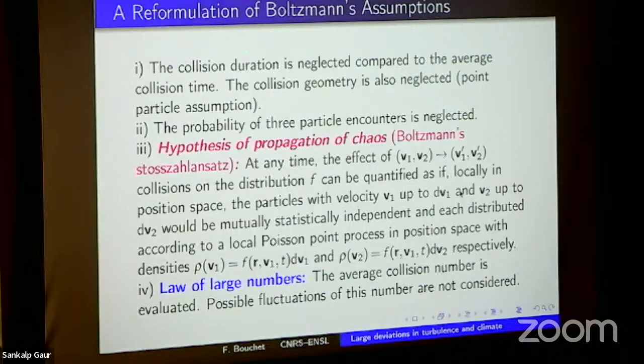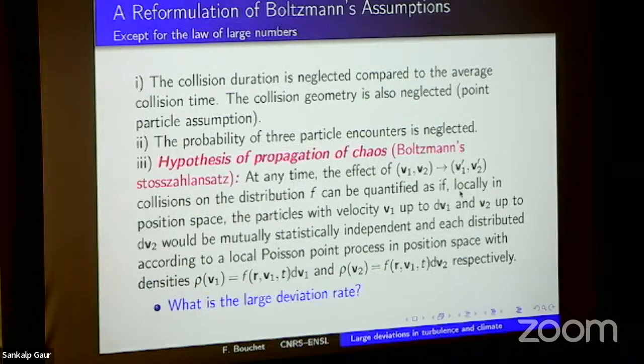The particles will collide as if they are statistically independent, but I don't compute just the average effect of the collision. I will compute all the possible collision numbers and all their probabilities, right? So I forget about the last hypothesis, and I will ask what are the probabilities for this.